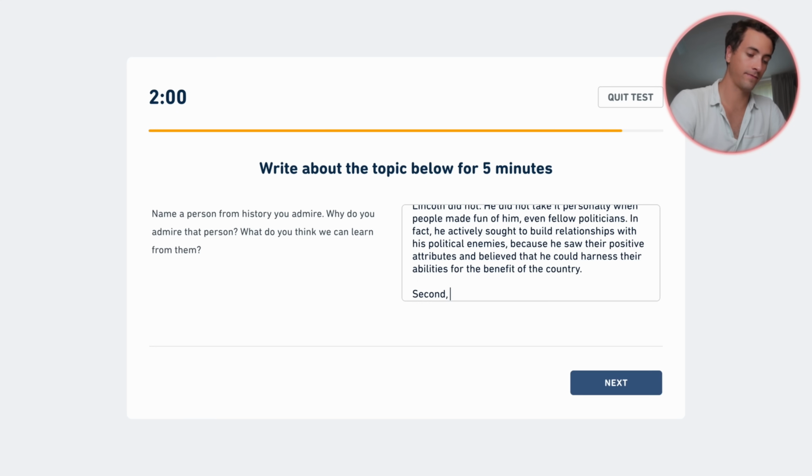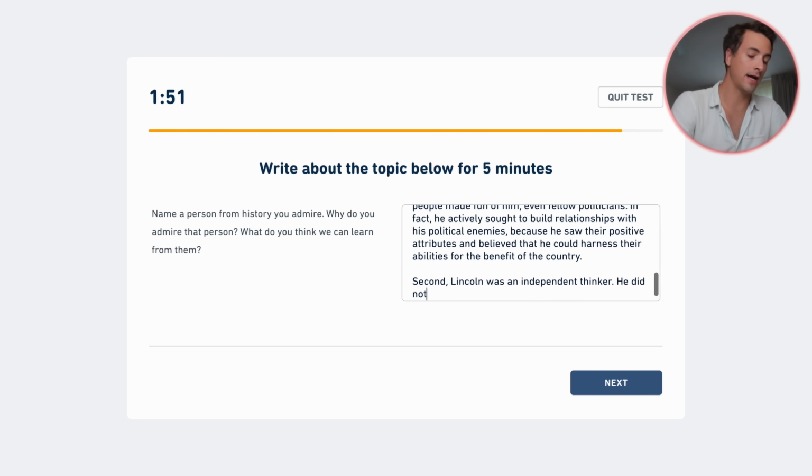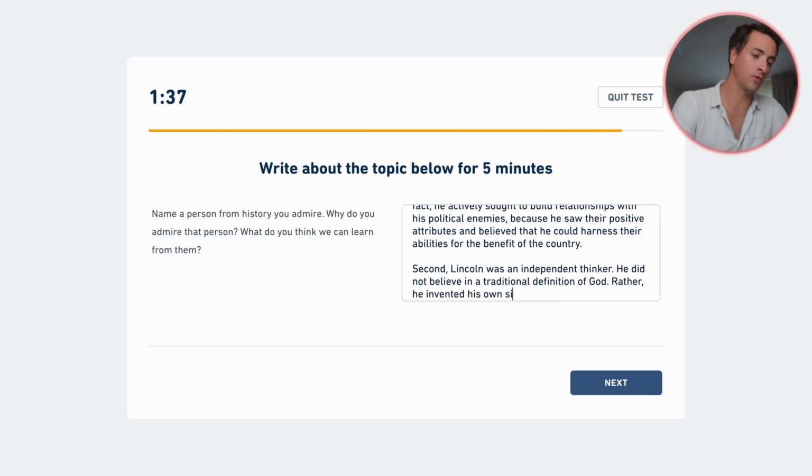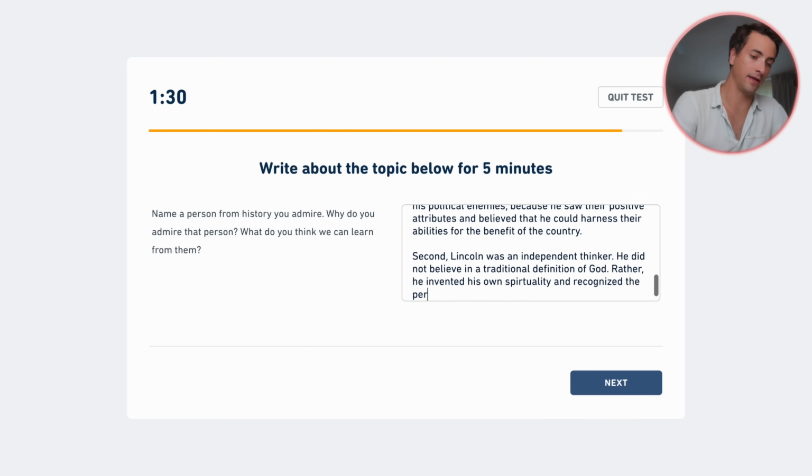Second, Lincoln was an independent thinker. He did not believe in a traditional definition of God. Rather, he invented his own spirituality, and recognized the dangers of organized religion.